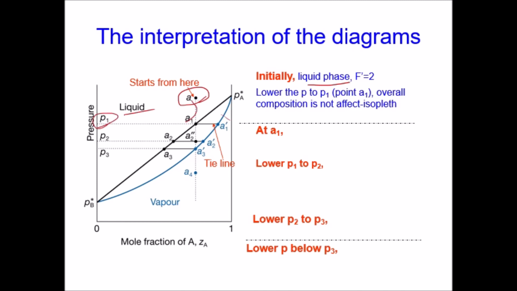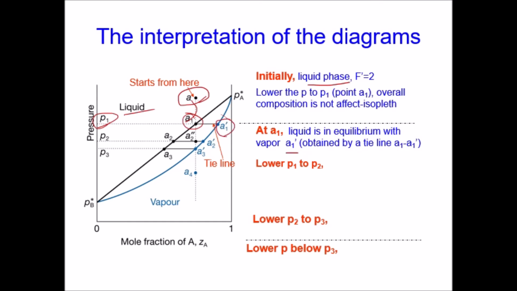So at pressure P1, or point A1, the pressure is low enough that the liquid starts to vaporize. So you have two phases, and the vapor phase can be found by drawing the tie line to be at A1 prime.